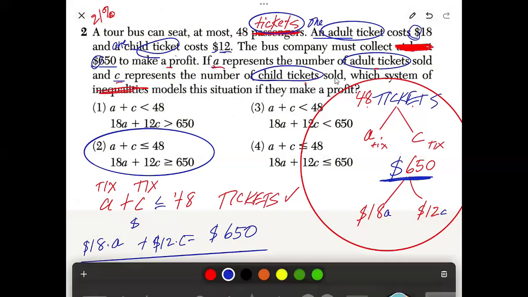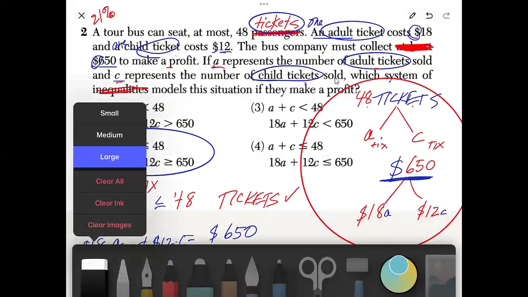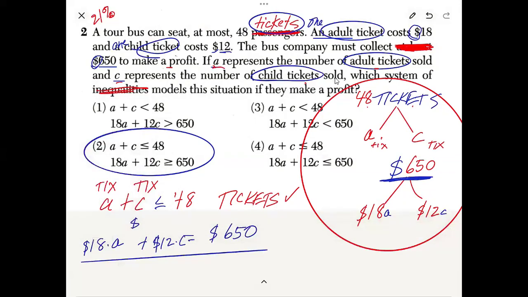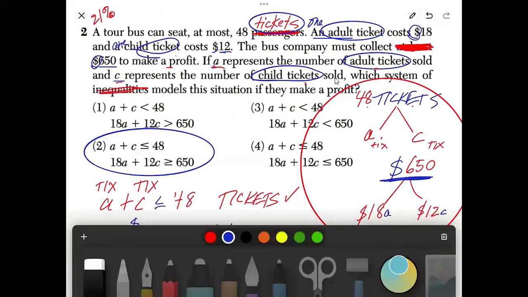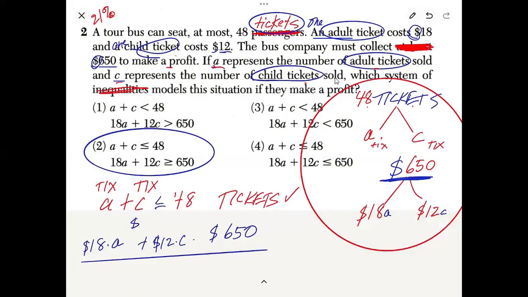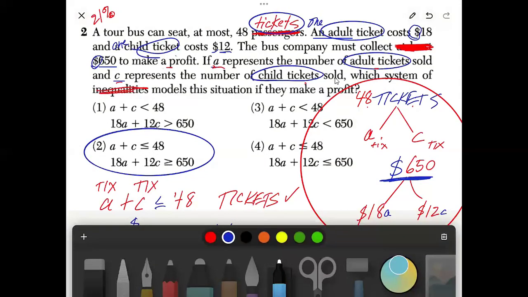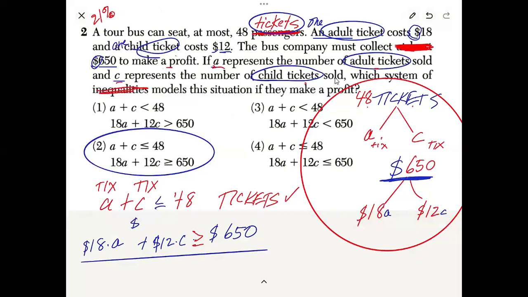And then down here, when it says at least, that means I have to make a minimum of $650. So I'm going to make this red. It should be greater than or equal to.